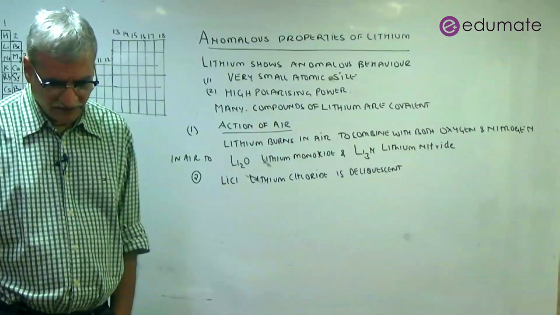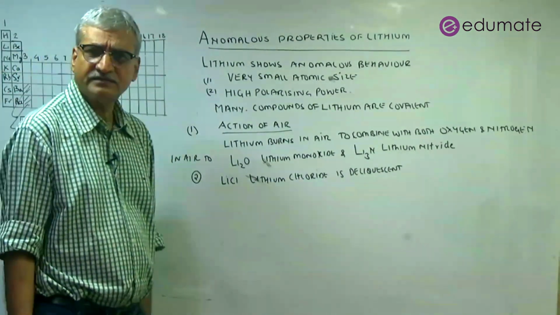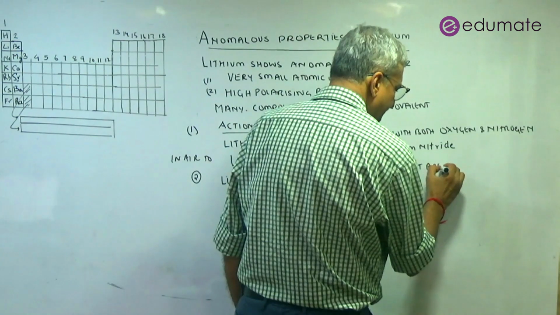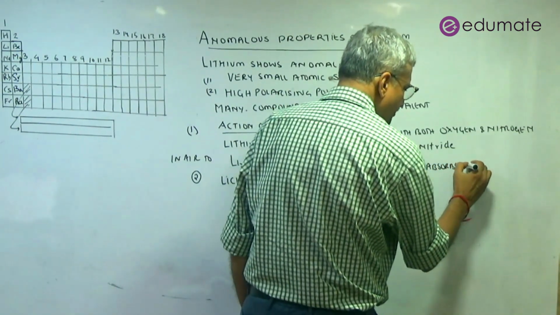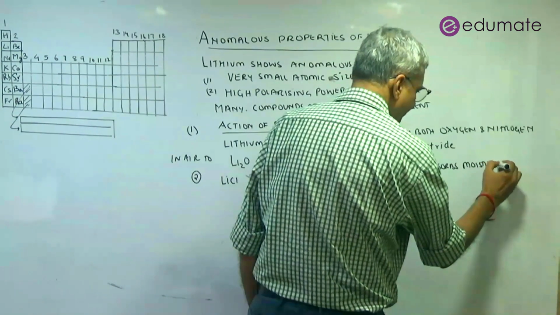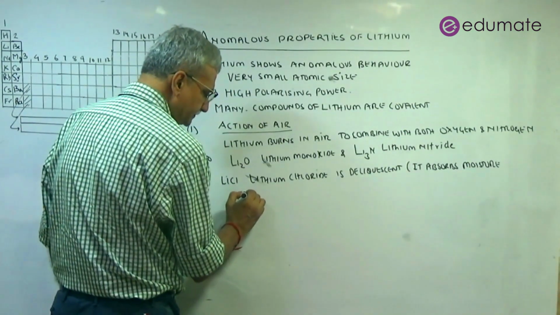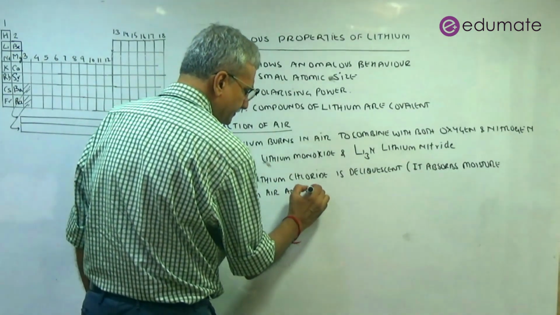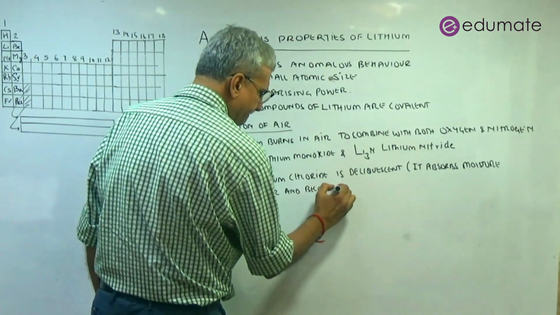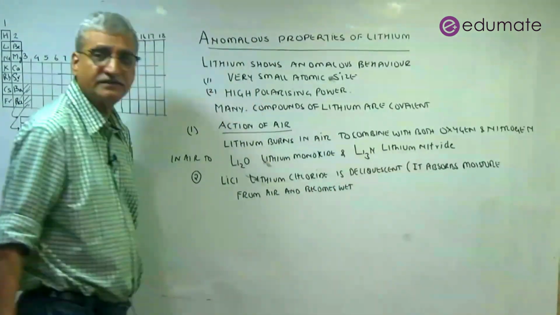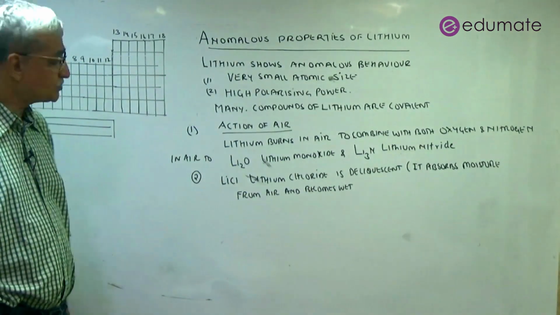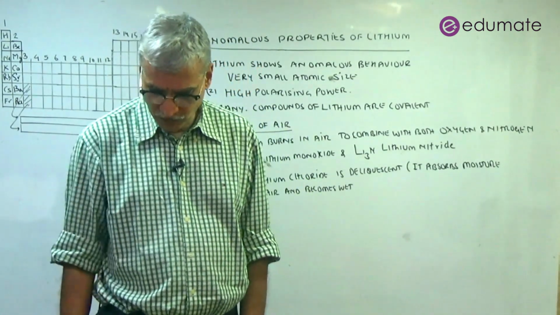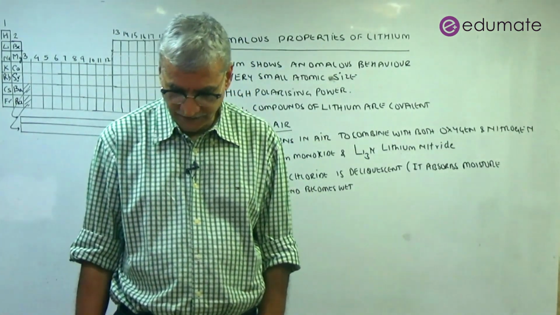Simply, it absorbs moisture from the air and becomes wet. Whereas sodium chloride, potassium chloride, and all other alkali chlorides do not show the property of deliquescency.